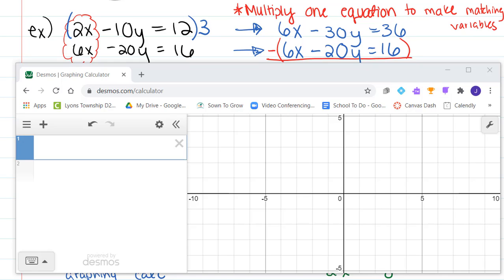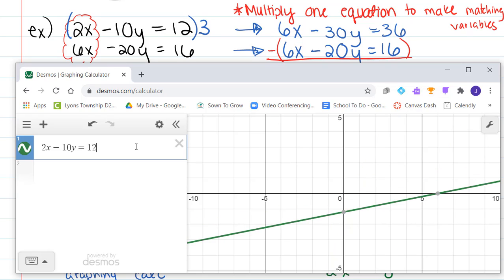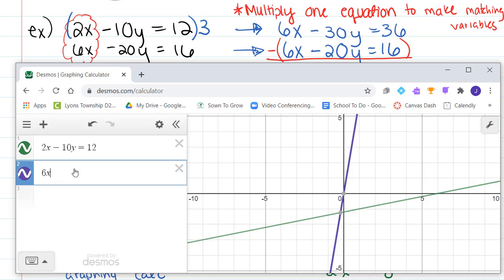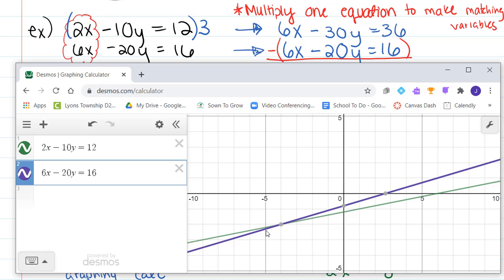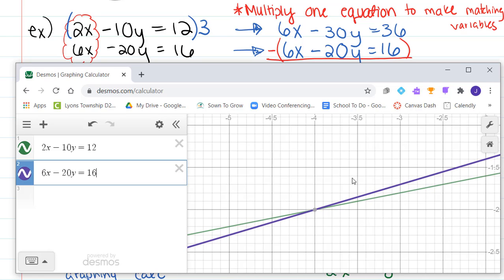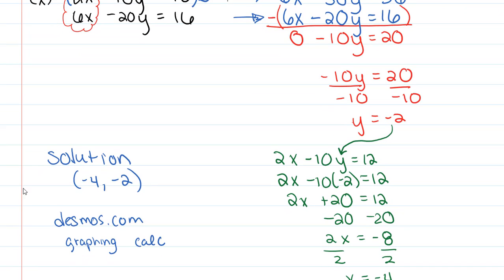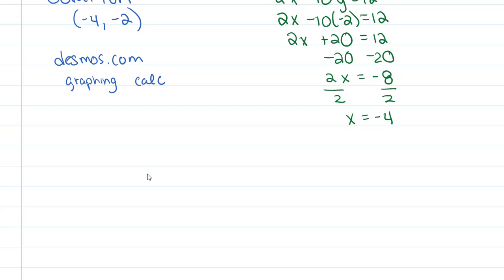Let's type these in: 2x minus 10y equals 12. I see I got a straight line there. That's a good sign. And we have 6x minus 20y equals 16. I'll zoom in just so we can really see where this purple and green line cross. It is at -4, -2, which is what we got as our solution. Let's do one more example.